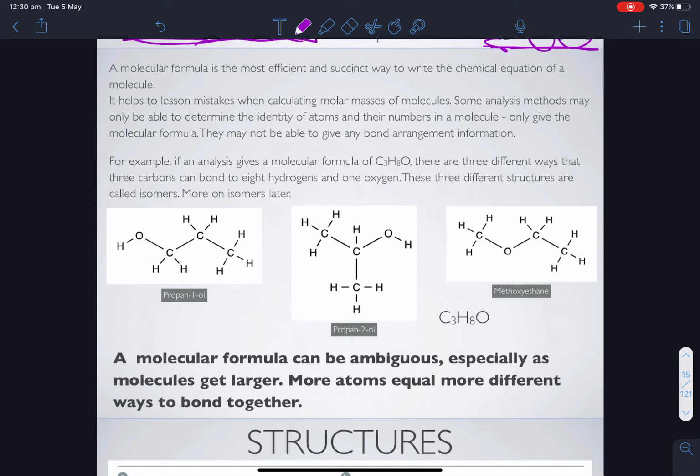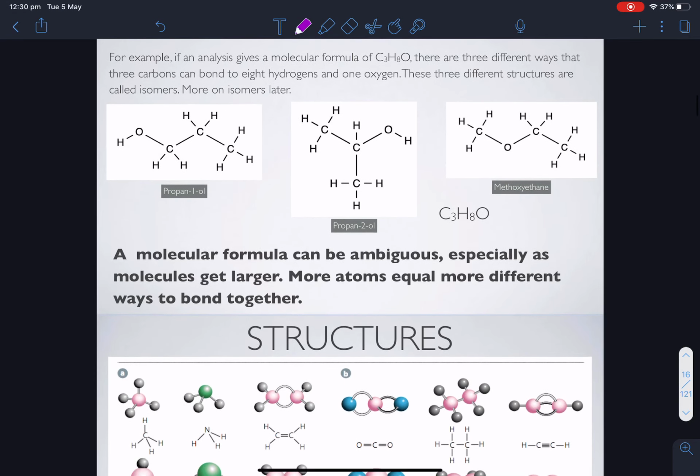So some analytical methods, where we use an instrument to find out what's in a molecule, can only give us this molecular formula. For example, if an analysis gives the formula C3H8O, there are three different ways these atoms can be arranged. We don't know which one it is.